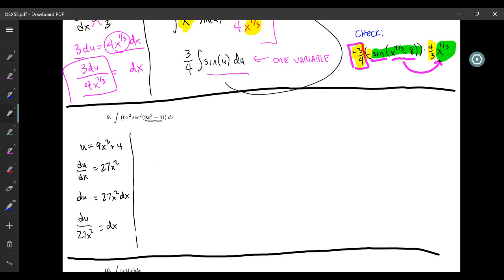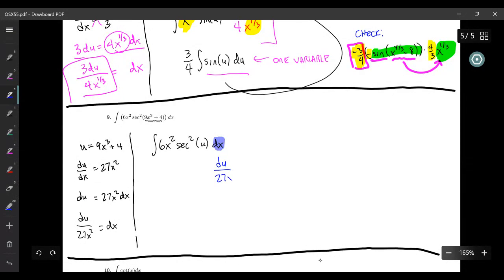So this plugs in for the dx, this part right here. Right, so cleaning up, x squared cancels off.